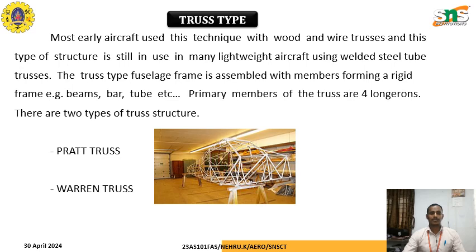This truss-type fuselage frame is assembled with members forming rigid frames, for example beams, bars, fuselage frames, etc. The primary members of the truss are four longerons, and there are two types of truss structures. One is the Pratt truss and the other is the Warren truss.